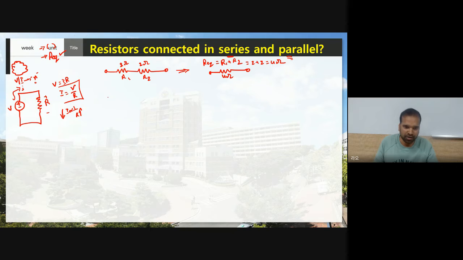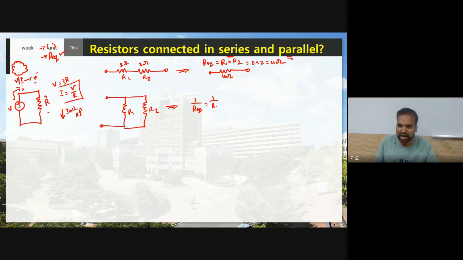Clear? Now I am taking the same resistors in parallel. Here R1 and R2 are connected in parallel. How to identify R equivalent? We have one formula: 1 by R equivalent equal to 1 by R1 plus 1 by R2, since R1 and R2 are connected in parallel.